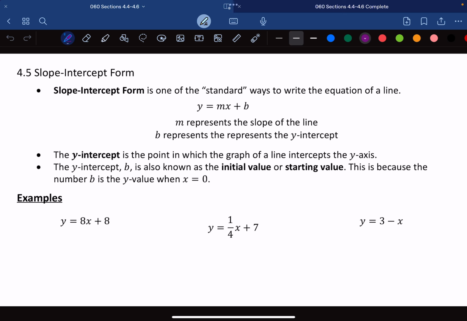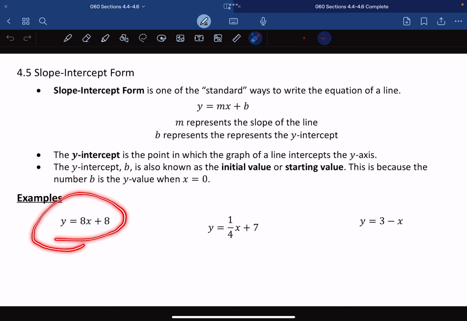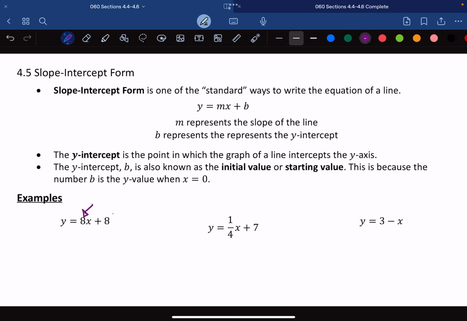So let's look at our first example. We're going to pull out the slope and y-intercept of each of these equations. So both of these have 8s, and this first 8 is our slope. The second one is our y-intercept, our b value. So our slope is going to be 8, and our y-intercept, the b value is 8, but our y-intercept is 0, 8.